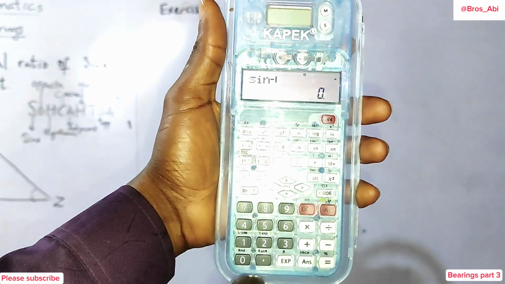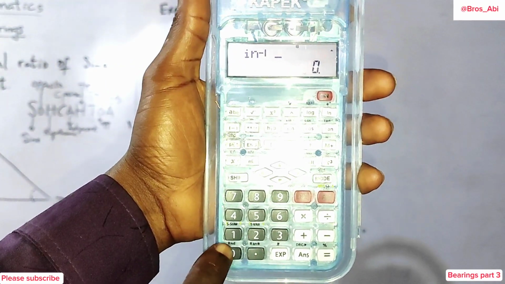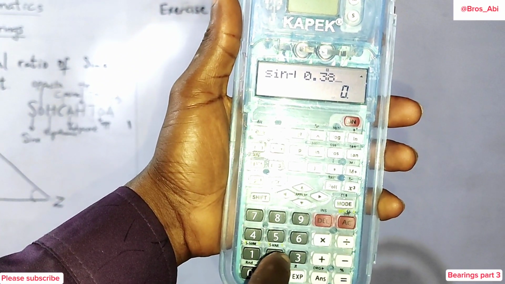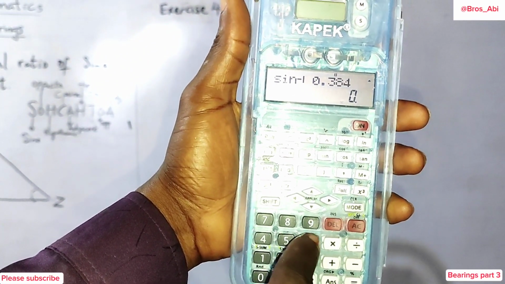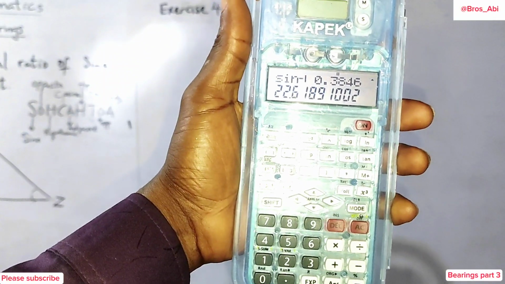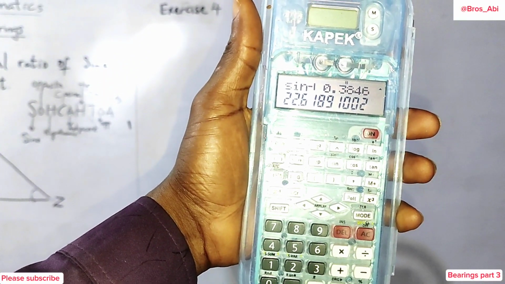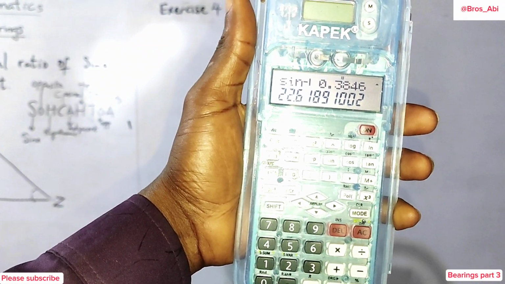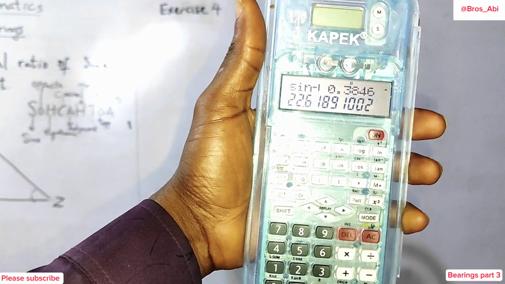Shift, sine inverse of 0.3846. So we have 22.62. We rounded up the 8 to be 1, we add it to 1, it becomes 2.